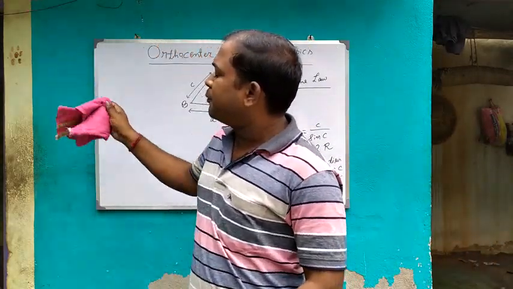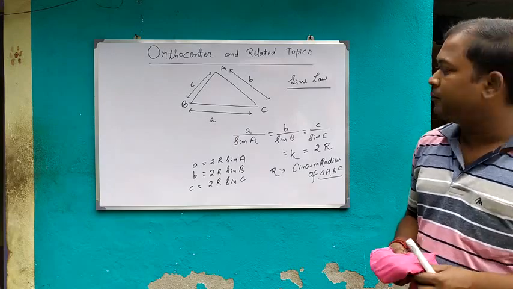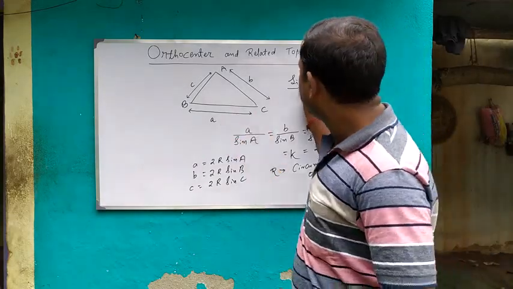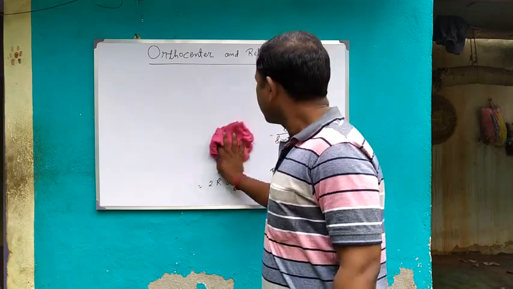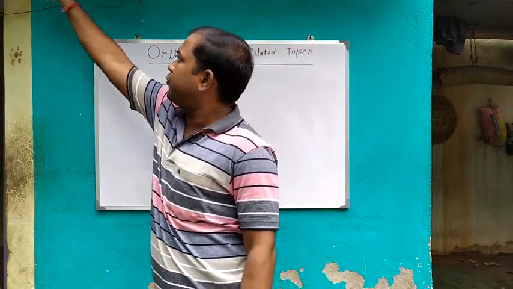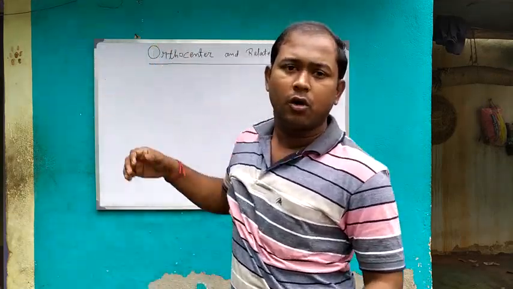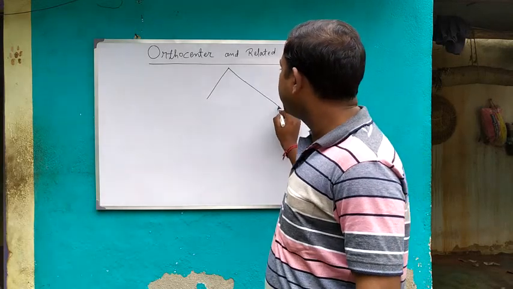Now, after we have discussed the sine law, we can move on to our mainstream concepts, the ones that we want to discuss today. First and foremost, what is the orthocenter? So this is triangle ABC.